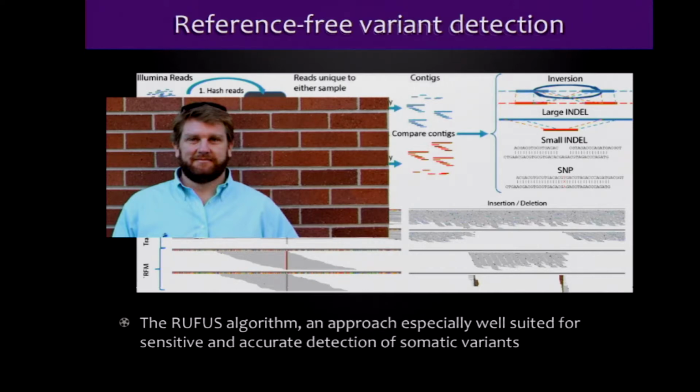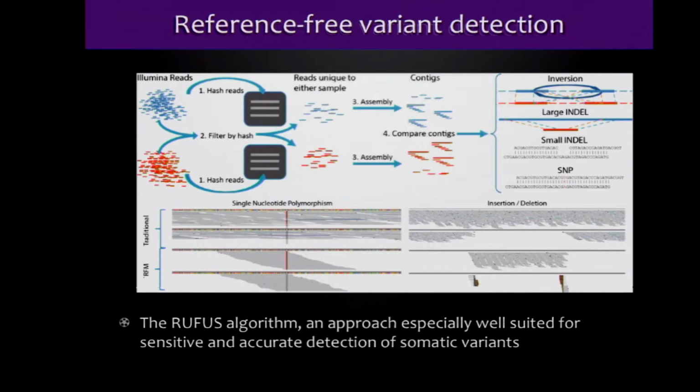Just go through it very quickly. So the idea is that what we want to do is take two individuals, Mr. Blue and Mr. Red, or two tissues, maybe normal tissue and tumor tissue, and focus only on those regions in the two genomes that are different, and not care about anything that's very similar.